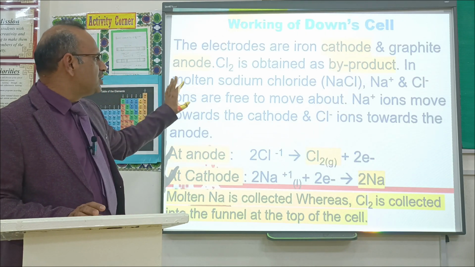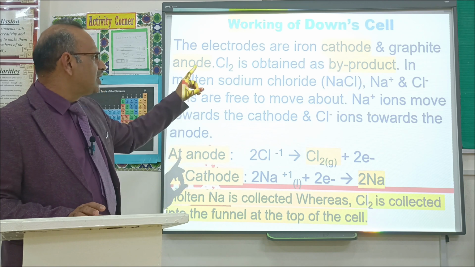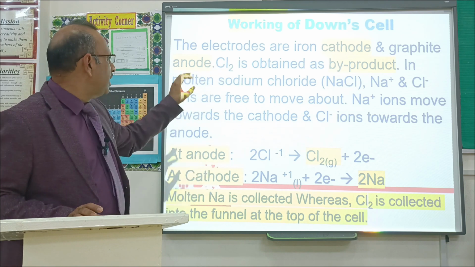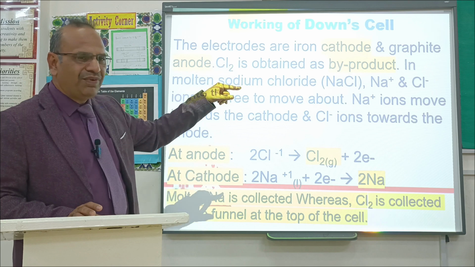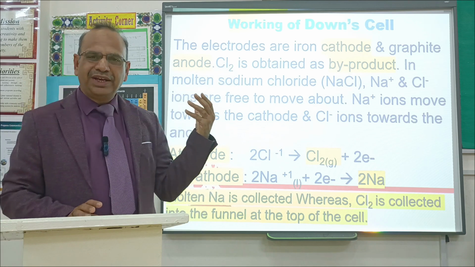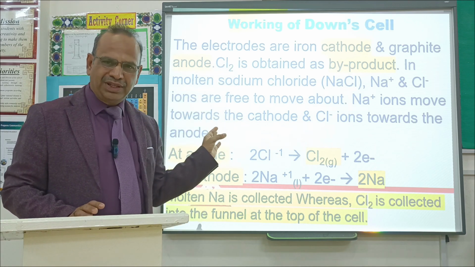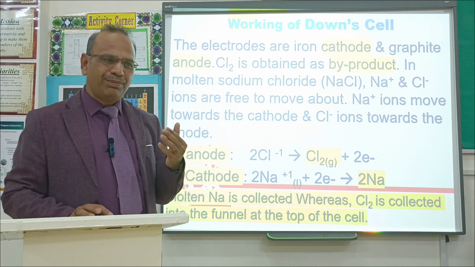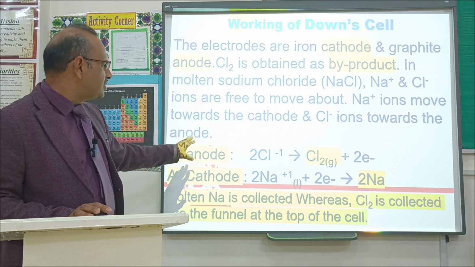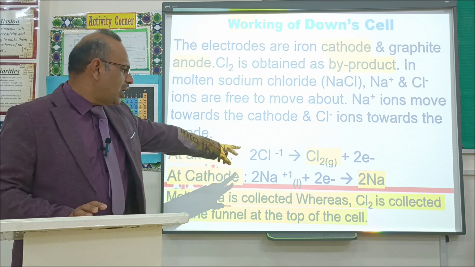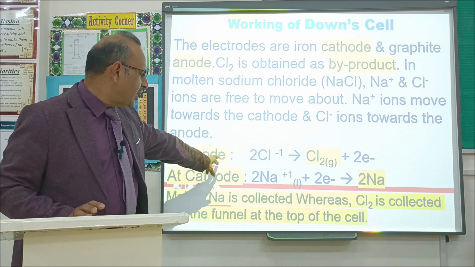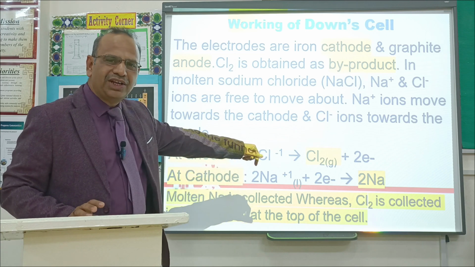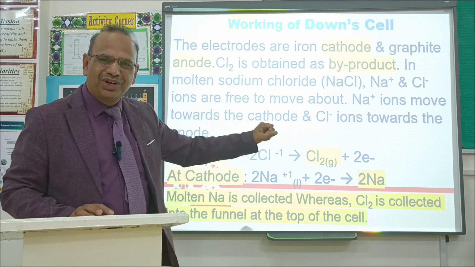Look here. In the Downs cell, the cathode is iron, the anode is graphite, and we get sodium metal, but chlorine is also obtained as a byproduct. Reactions at the anode: the anode has a positive charge, so negative chloride ions go there and give chlorine gas.